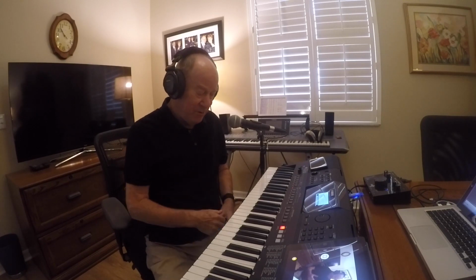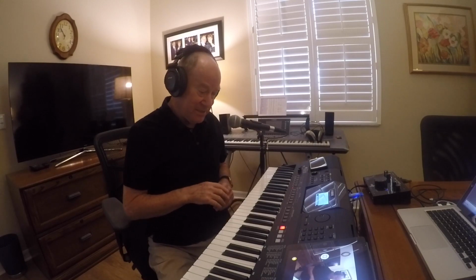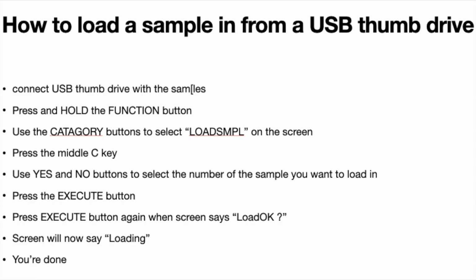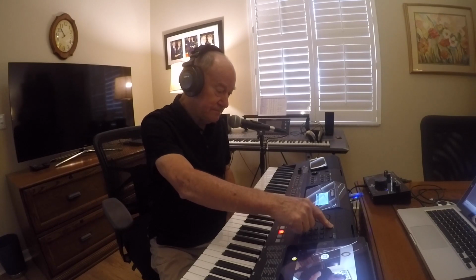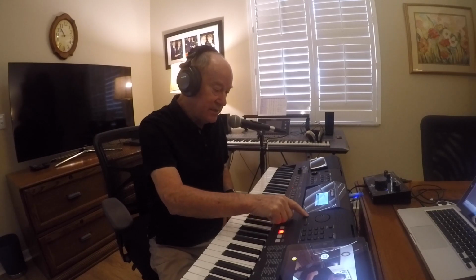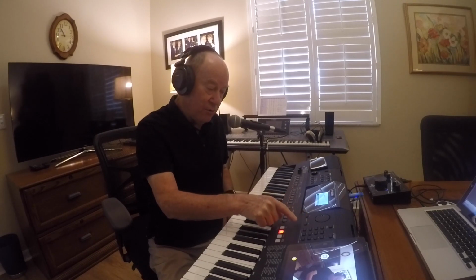Okay, so let's pretend it's a week from now. And I come to my keyboard, and what I want to do is load in that harmonica sound. Okay? So this is how I load in the harmonica sound. So I press the function, and now I'm going to use the categories because I want to load the sample.